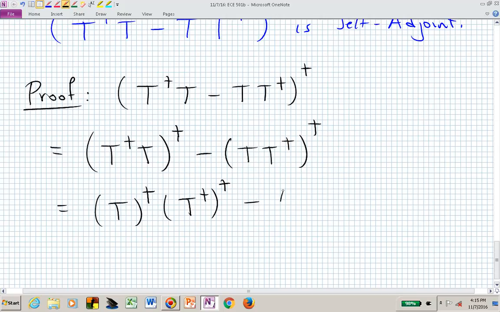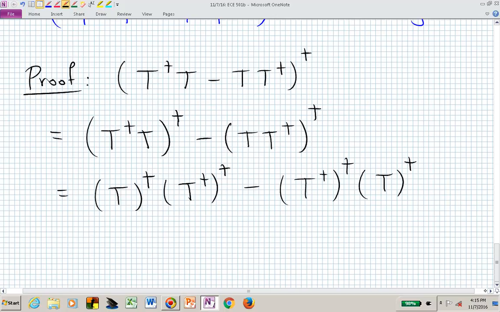Minus, and if I do the same thing for the second one, I take the second term and make it the first operator and dagger it, and then dagger the first operator and make it the second in that combination of operators.